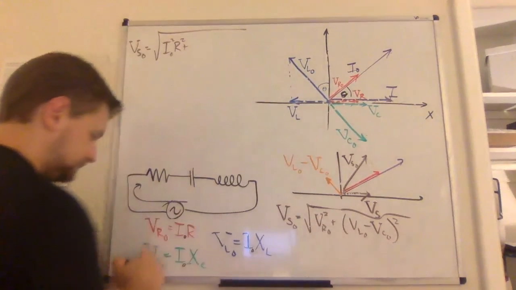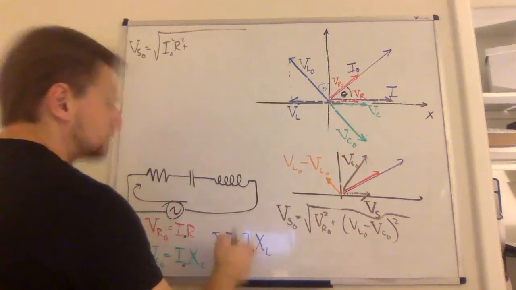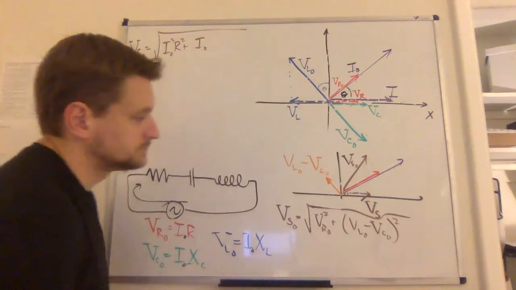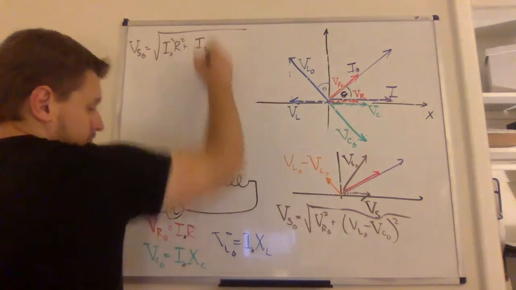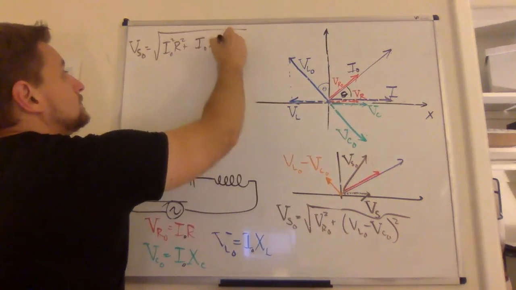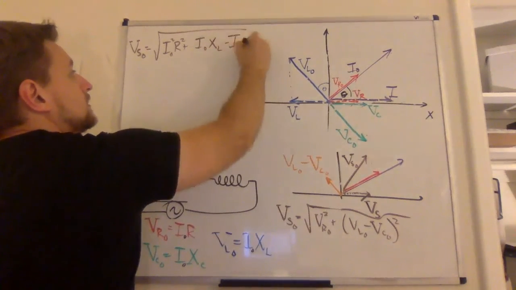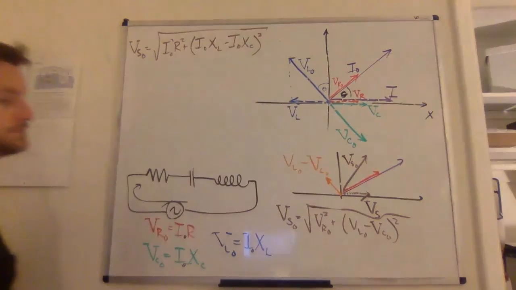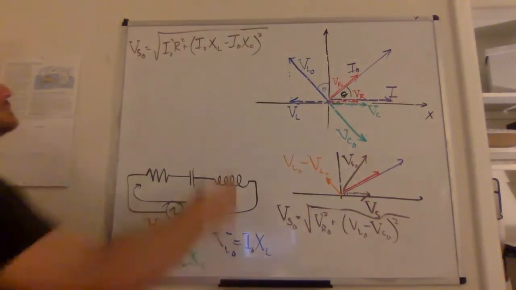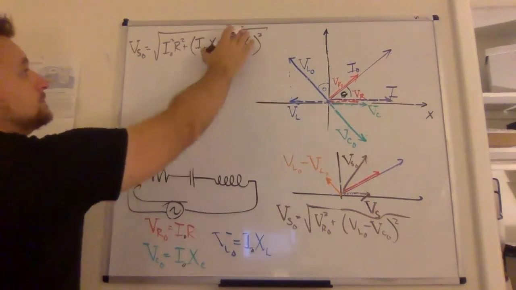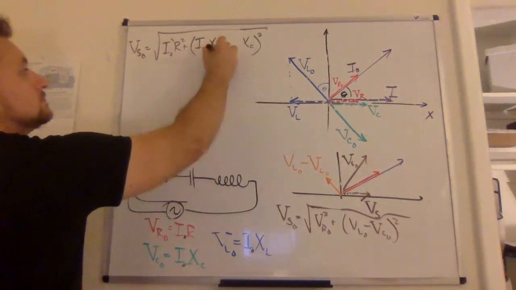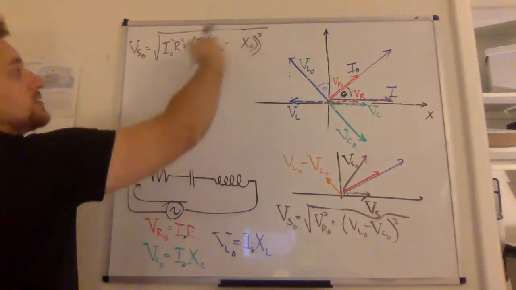VL0, that's I0 XL minus I0 XC all squared. Let's factor out the I. And then we can square the pieces.